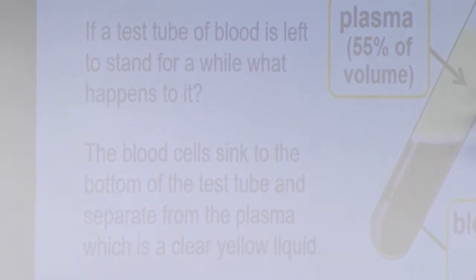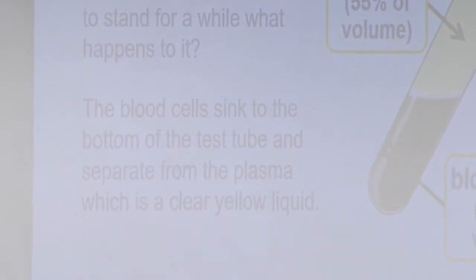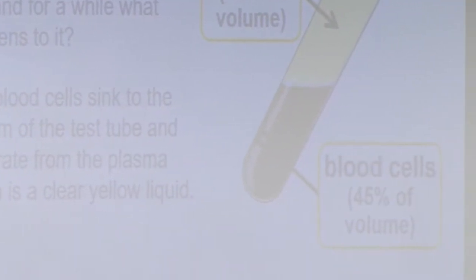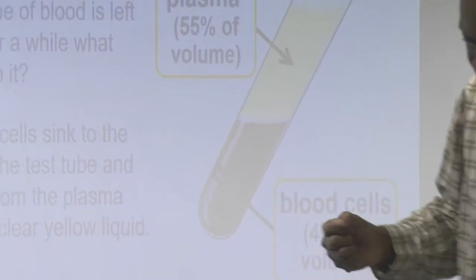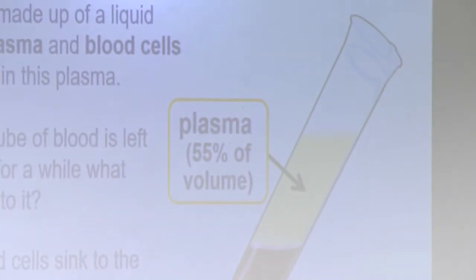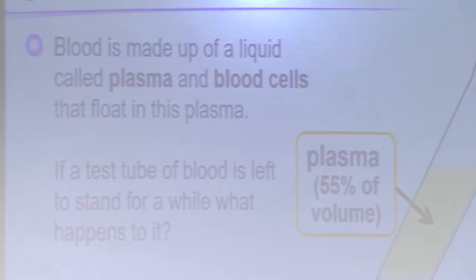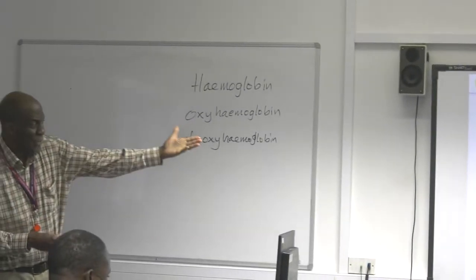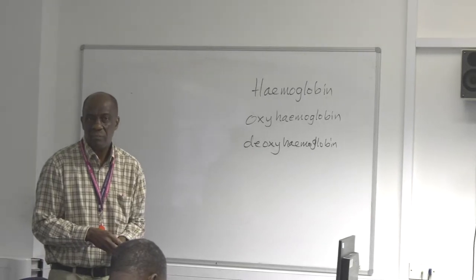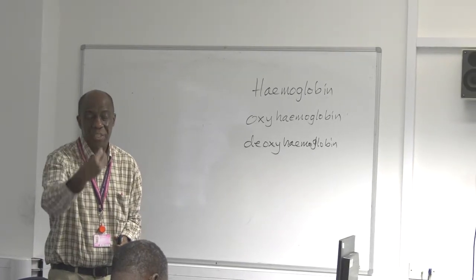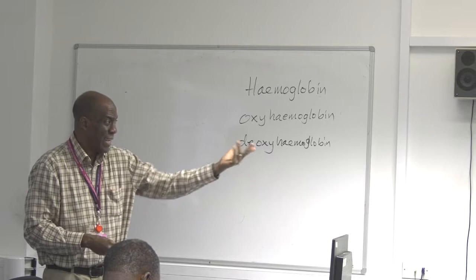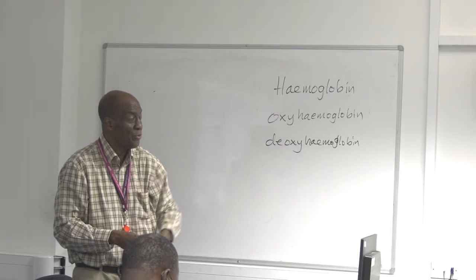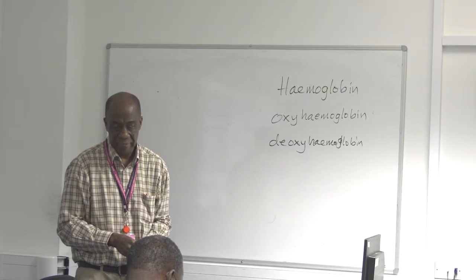So that's why it's important for us to drink the recommended volume of water in a typical day. And the water also helps nutrients which are soluble in water to dissolve in the blood. And remember, the dissolution of the nutrients will then enable the blood to distribute those nutrients to all parts of the body.